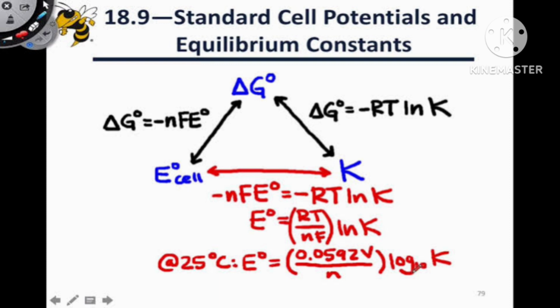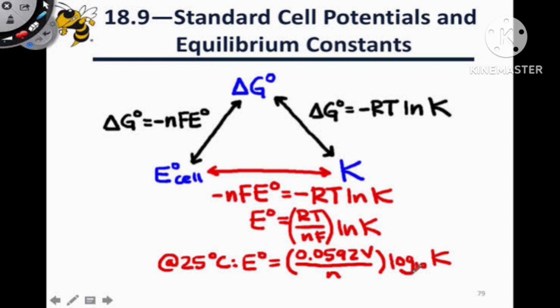Same reaction, multiplied by 2. So now delta G will be minus 4F, standard E cell.